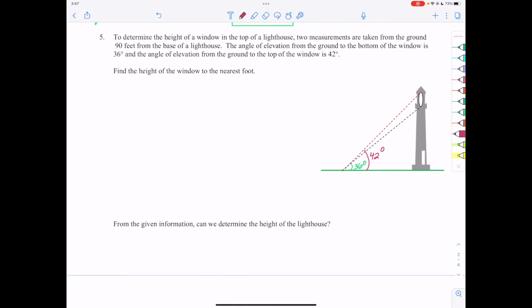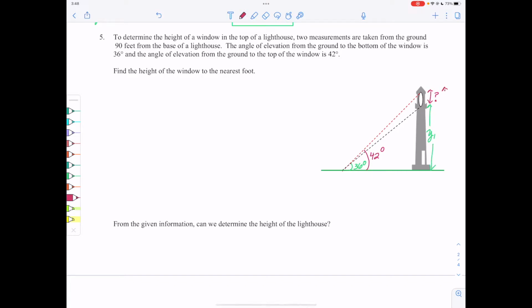So we are looking for this distance right here. And I am going to need to find y1. And then actually I'll go ahead and just match these colors. So this will be y1.